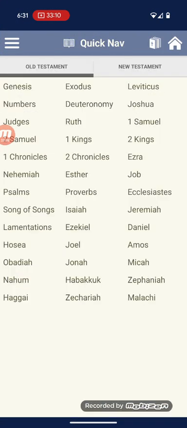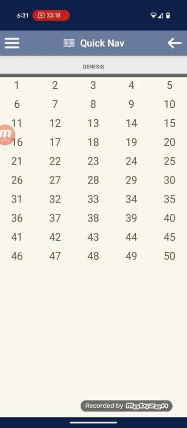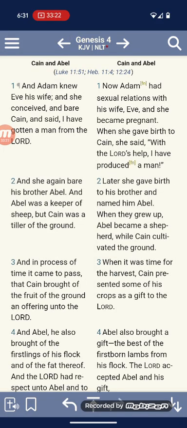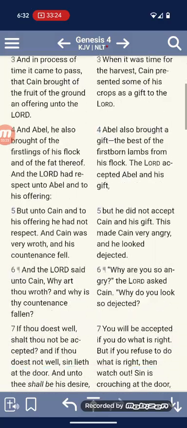I'm gonna go back over to Genesis, and this will be the last verse that I bring out, because I think we're getting an understanding of what happened, what that mark was that was placed upon Cain.